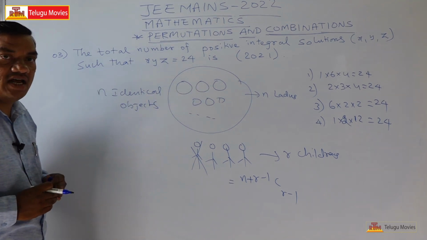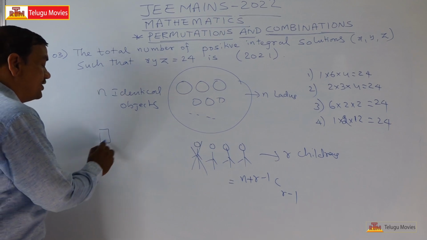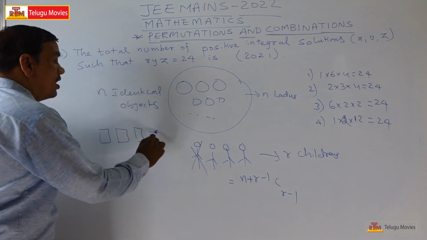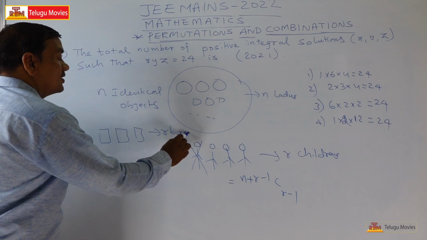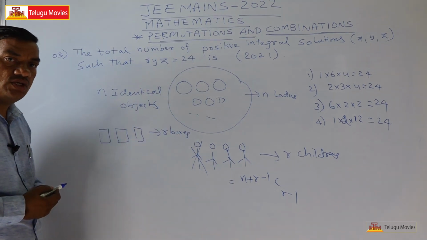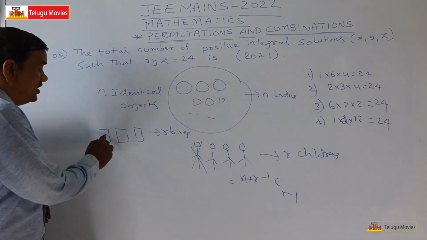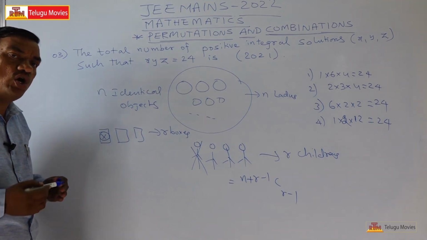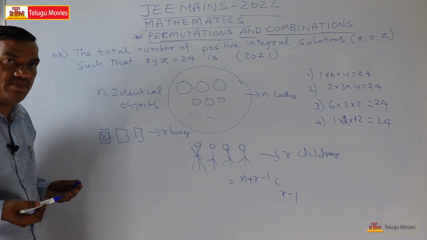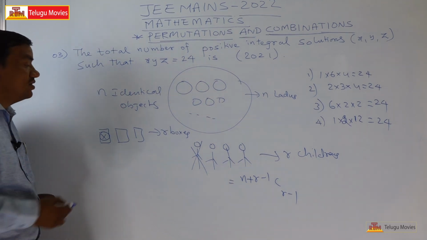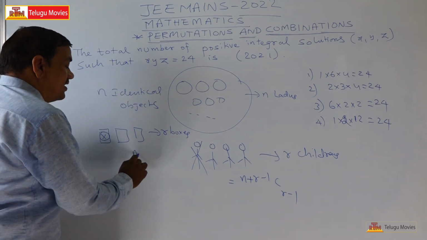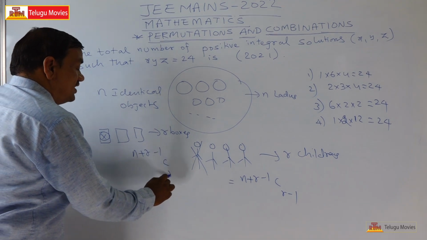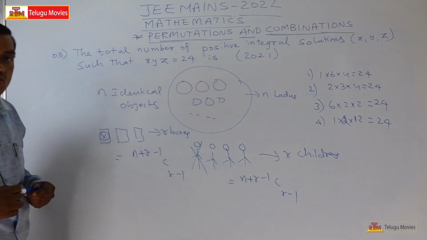These n identical objects are distributed to r boxes, where any one of the boxes may be empty, or two boxes may be empty, or three boxes may be empty. That is different. So this can be done in n plus r minus 1 C r minus 1 ways. Okay, now this is the formula.